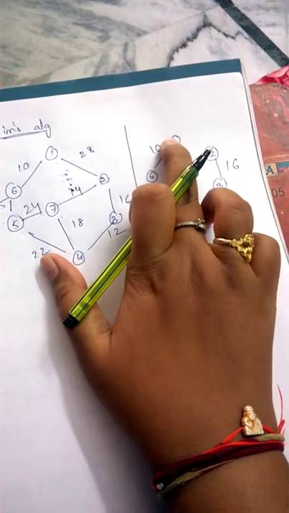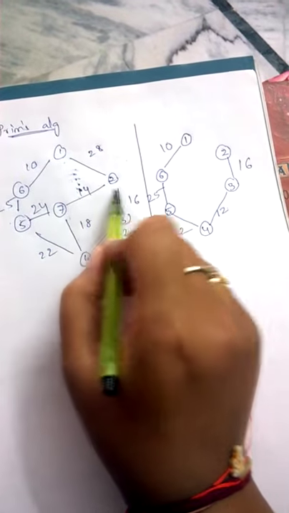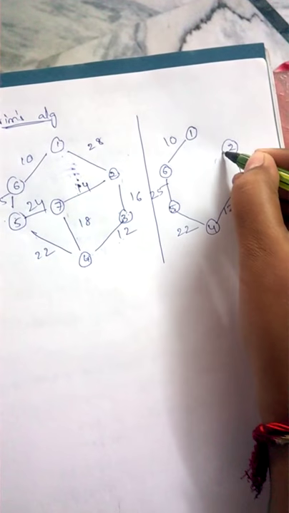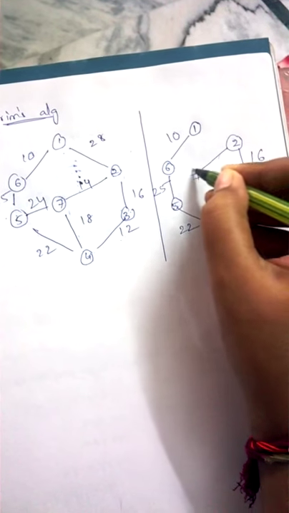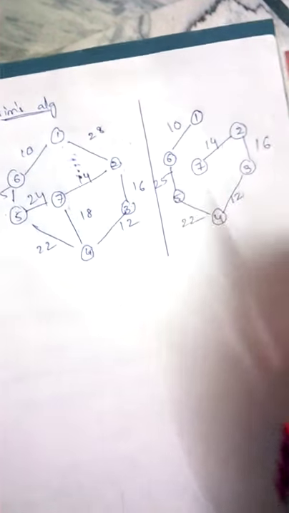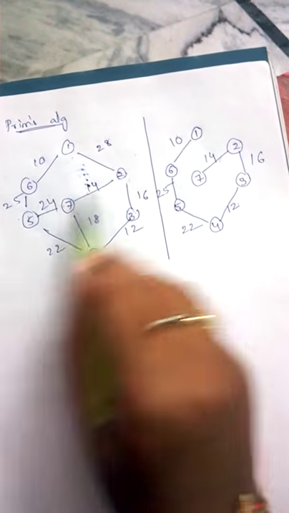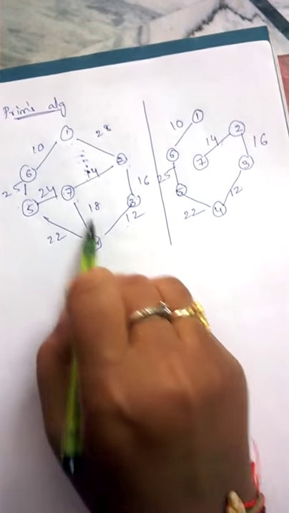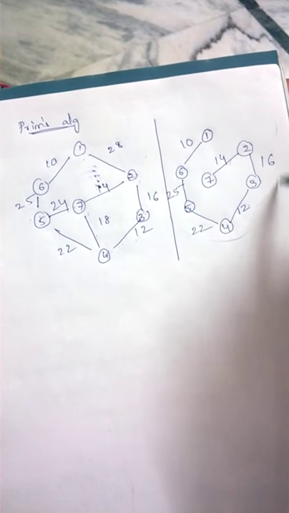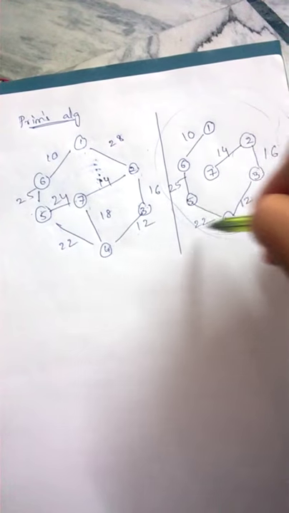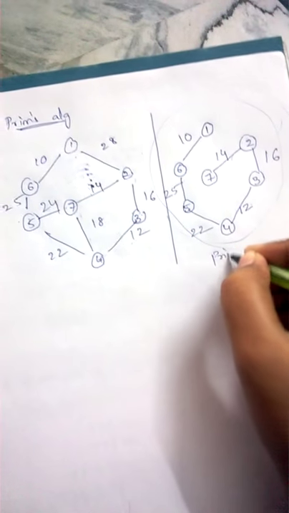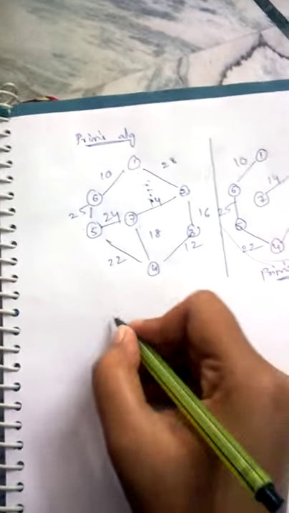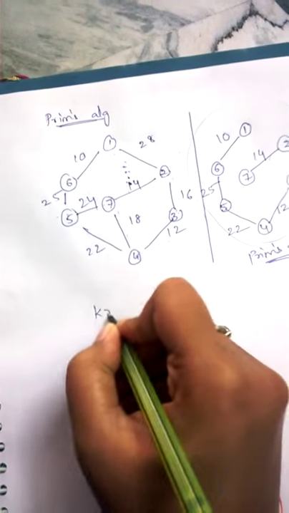So we can't draw a cycle here, and there is no other option, so you have to consider 2 to 7, and its length is 14. Considering any other edge would form a cycle. So this is the shortest path of Prim's algorithm. Done with Prim's algorithm.